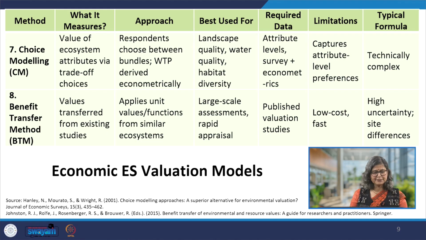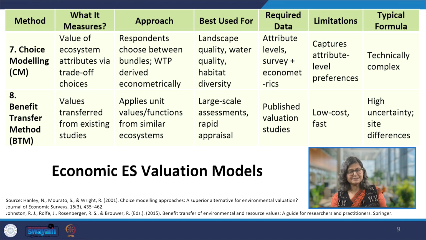Benefit transfer method, BTM, is another very commonly used method. What does it measure? It measures values transferred from existing studies. You are doing a study and you do not have data. You can transfer data or values from another study, but you have to understand the limitations of these two different contexts as well.